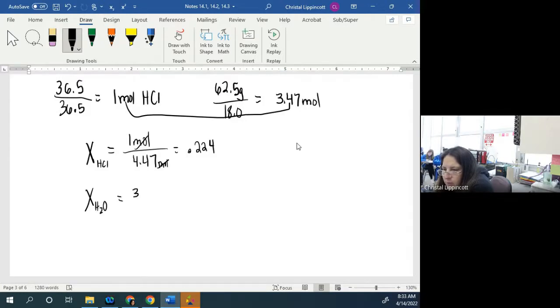This is going to be my 3.47 divided by 4.47. Or I could just take this and do what with it? Subtract it from 1. Yep. If you just have 2 parts, or you have 1 remaining part, you can do that for the last part, and you should come up with the same answer.